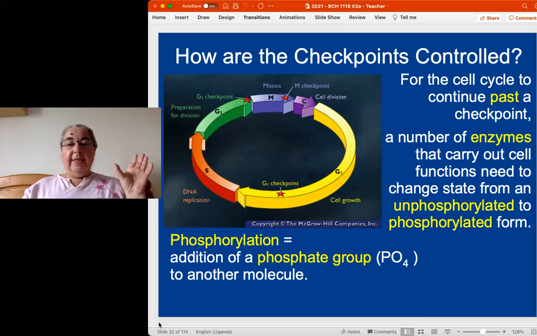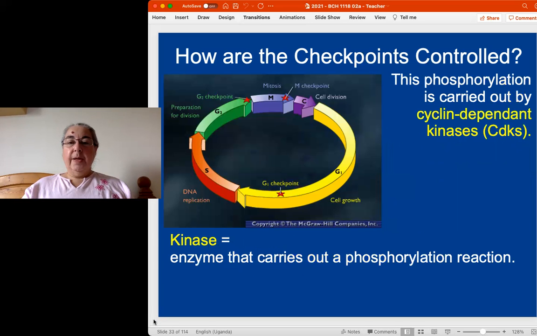Okay, so these enzymes can have specific enzymes which add phosphate groups to them. So phosphorylation is the addition of a phosphate group. And the enzymes that add these phosphate groups are called kinases. This is a general name for an enzyme that adds a phosphate group to any protein molecule, a kinase.